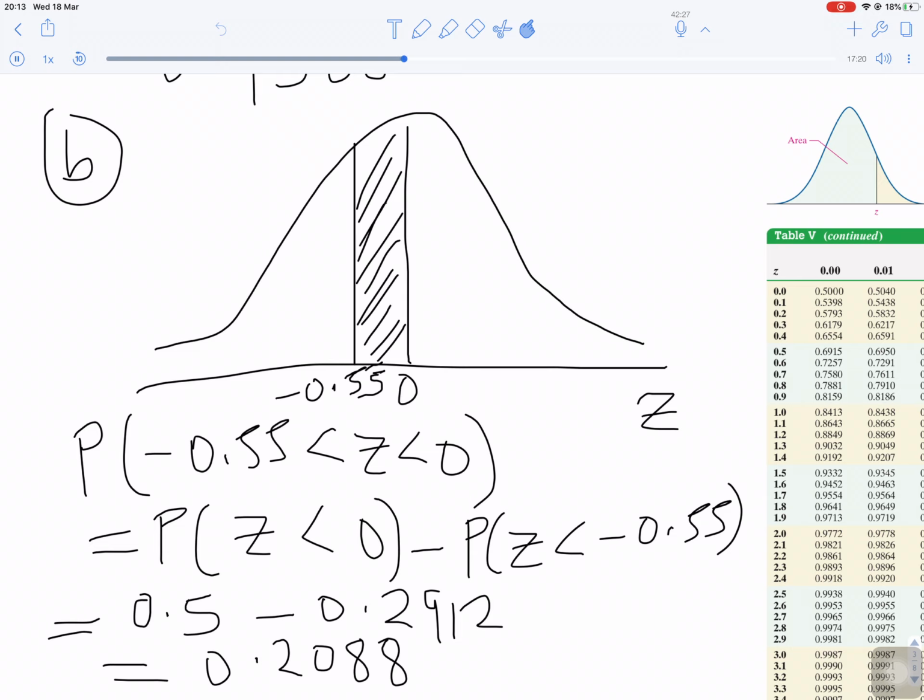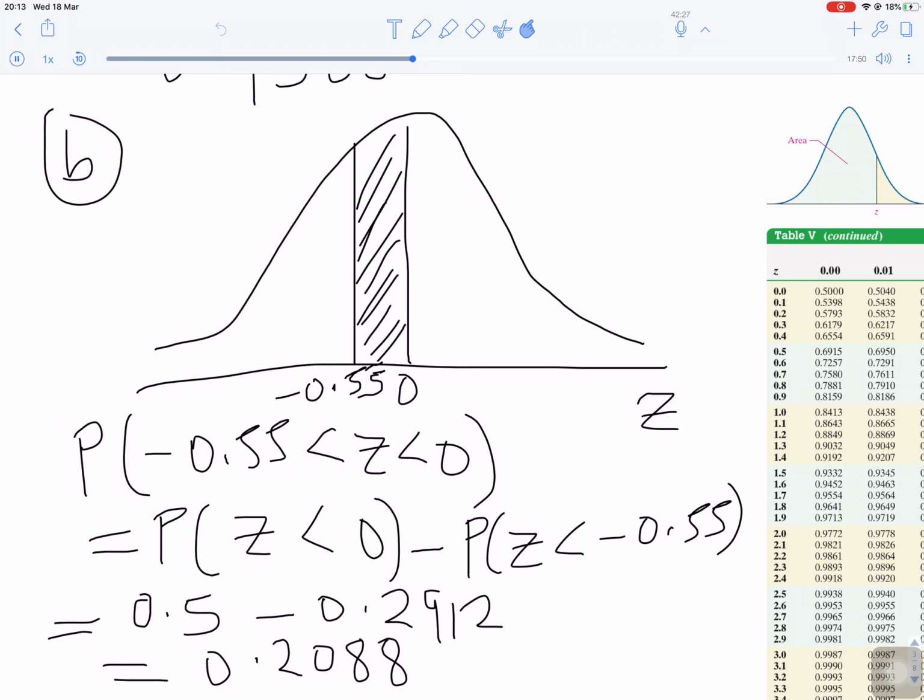For the first area, when z is less than 0, what is the area to the left of the number 0? 0 is the mean or the median, which divides the curve into two equal parts. On one part the area will be 0.5, on the other part 0.5. So P of z less than 0 is 0.5.